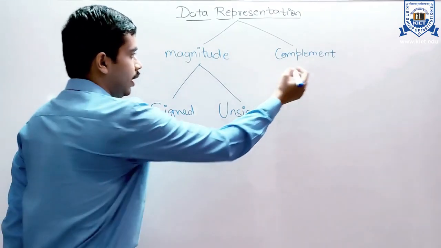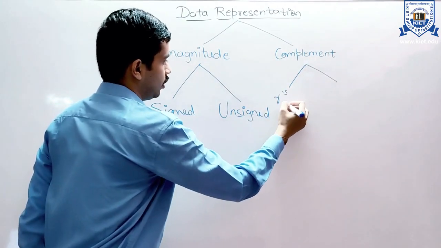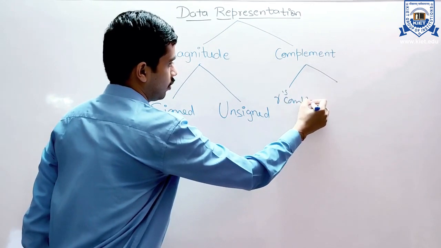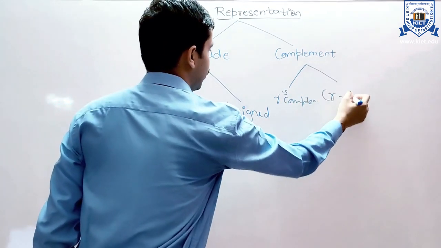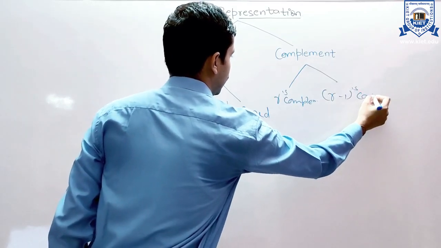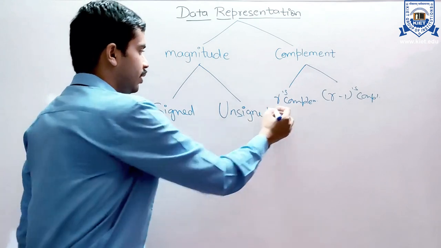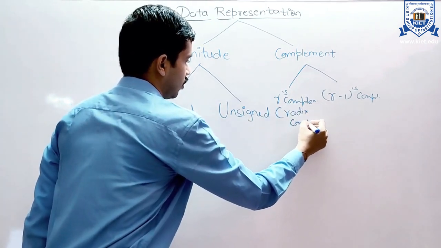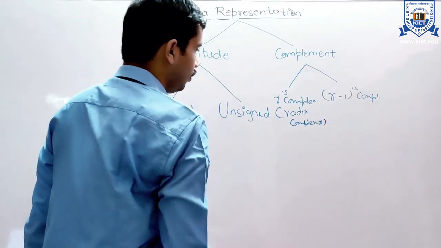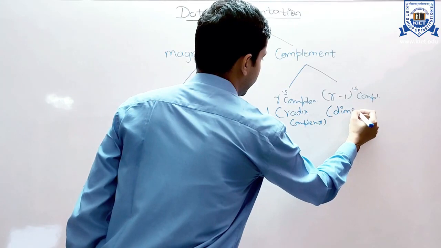In complements we have two types. First is R's complement, and second is R minus 1's complement. R's complement is also called radix complement, and R minus 1 is also called diminished radix complement.